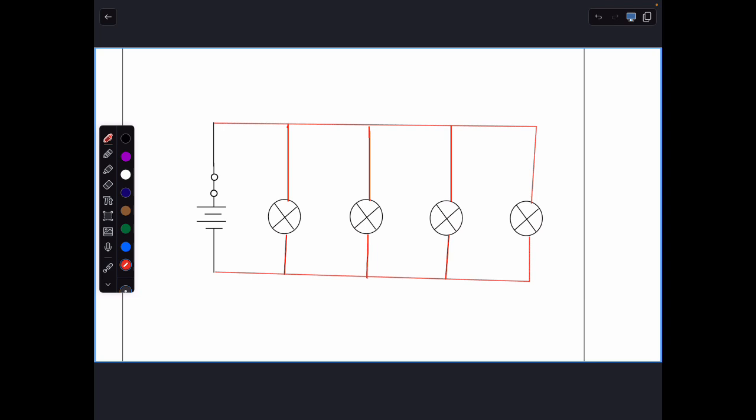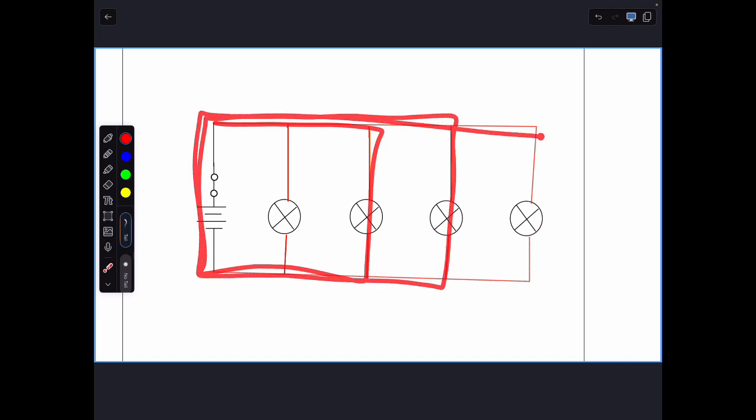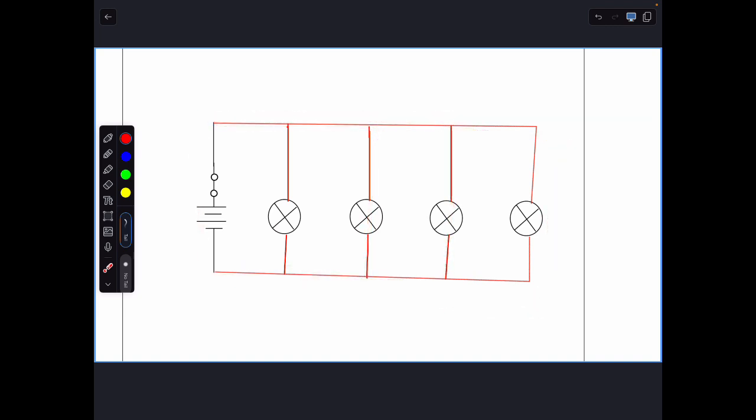Now, in exams, you have to test it out. For example, if this is fused, this is E, letter E, fused, then this will not light up, but the rest will continue to light up because they are all closed circuits. So this will tell you that yes, this is correct.